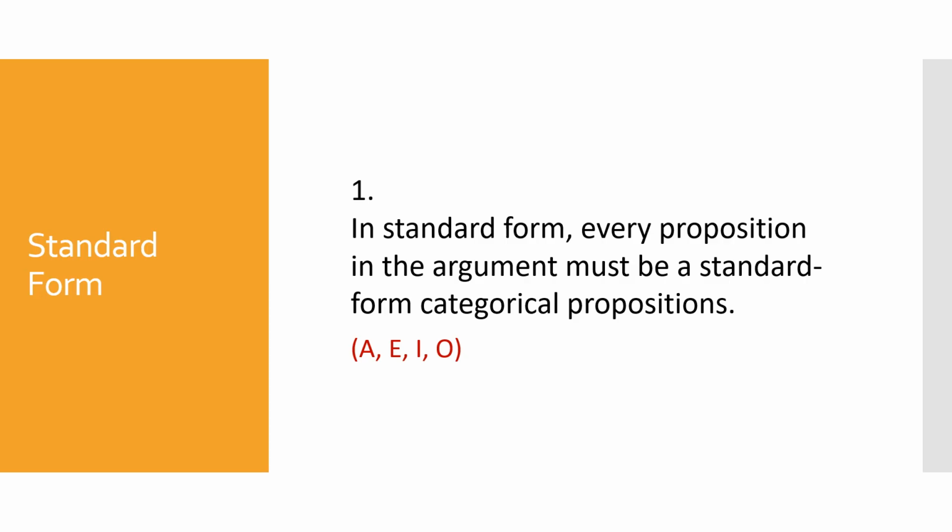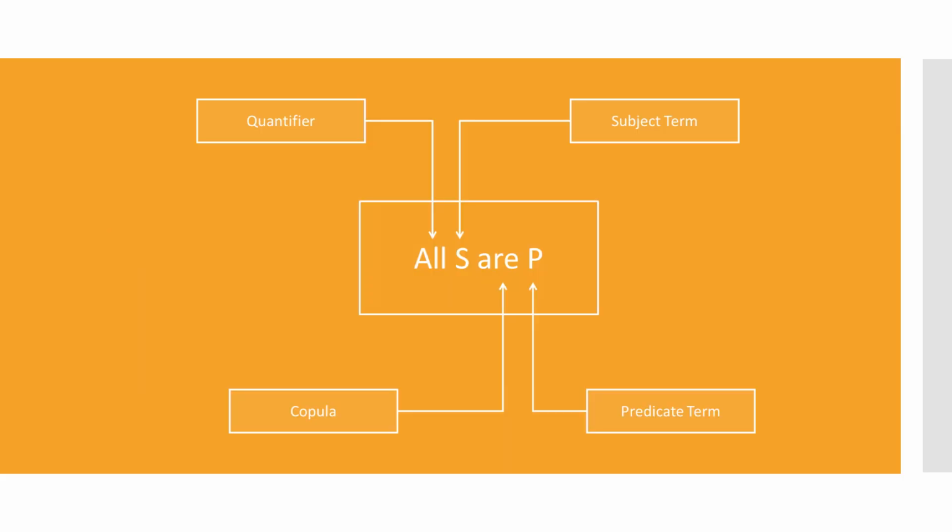All are, no are, some are not will begin every single proposition in the argument. So notice what we're talking about here. A standard form categorical proposition has a quantifier, a subject term, a copula, and a predicate term in that order every time without fail.